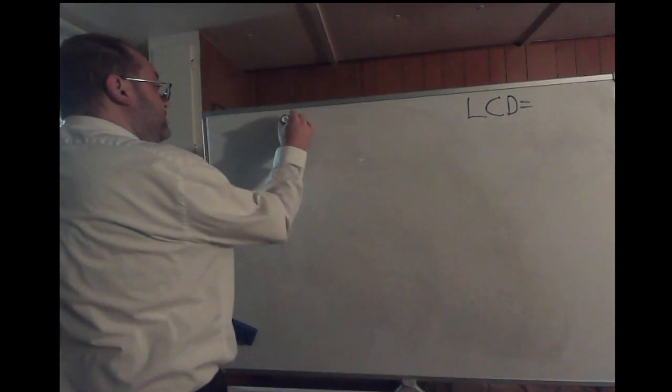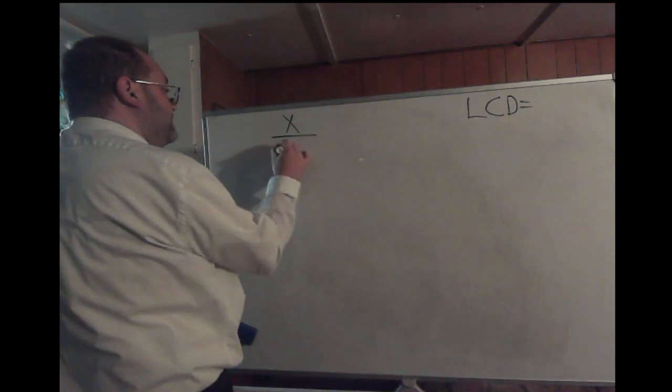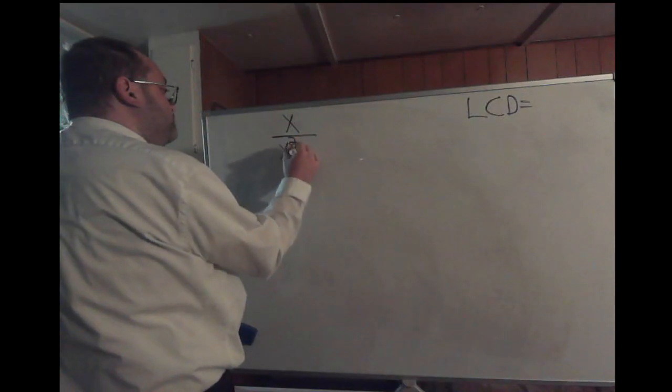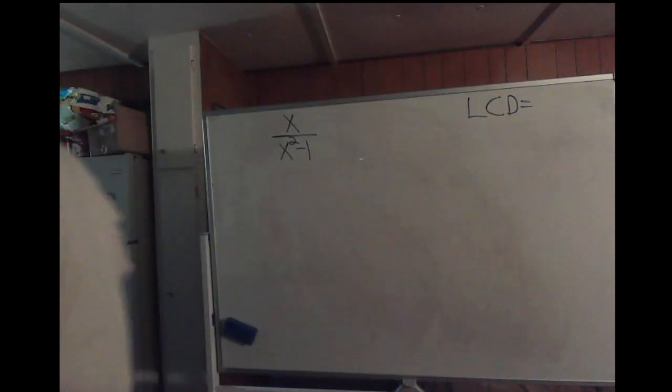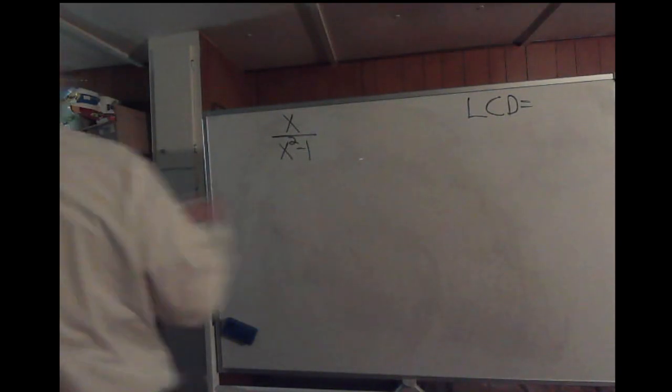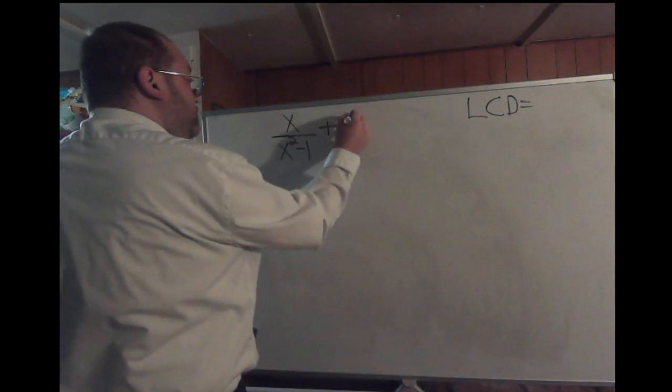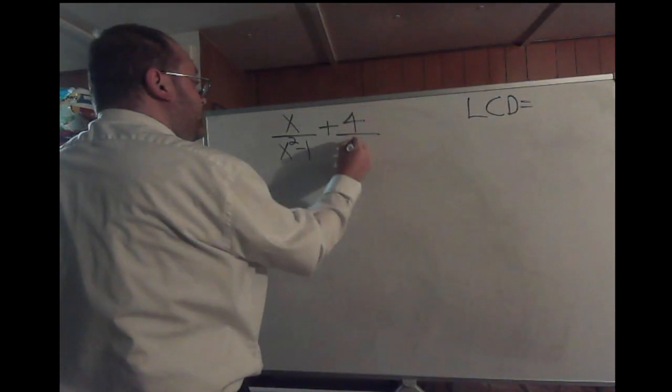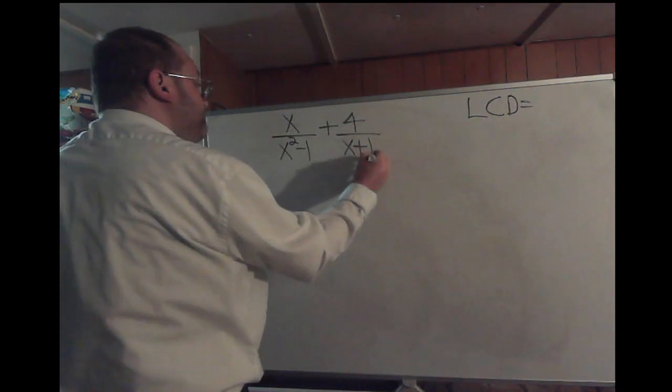Alright. We have x all over x squared minus 1 plus 4 all over x plus 1.